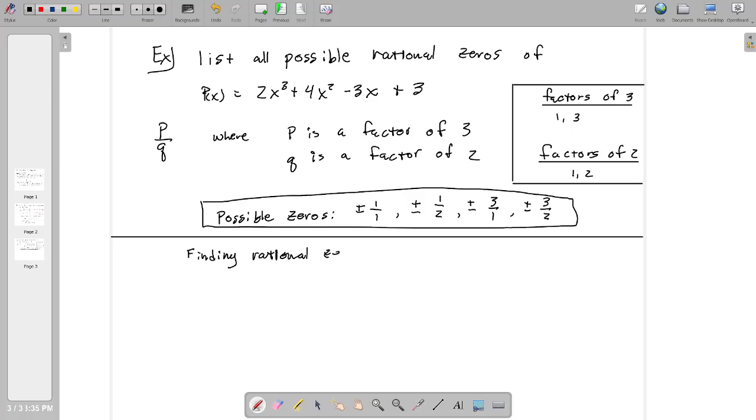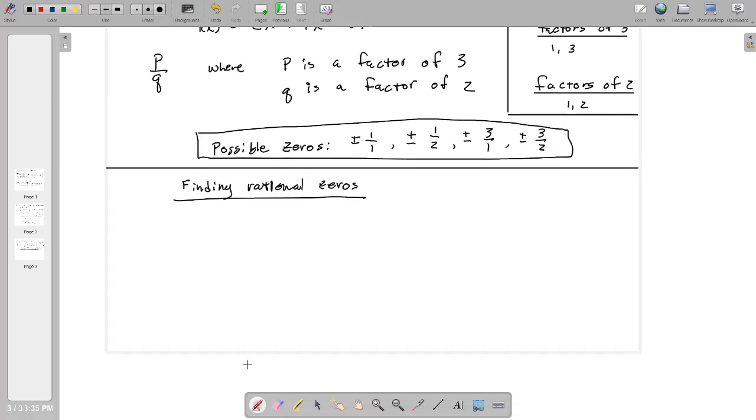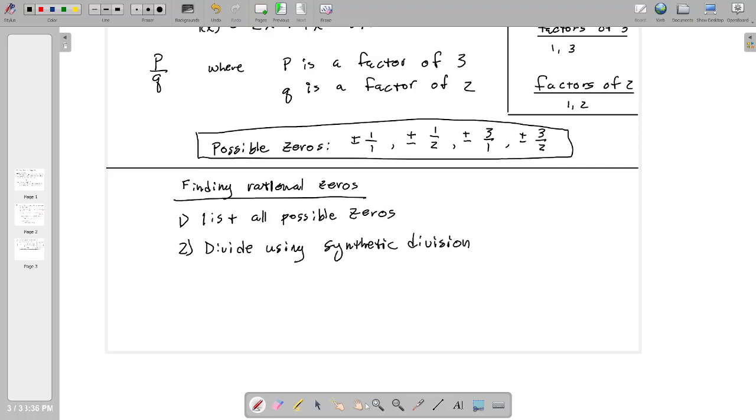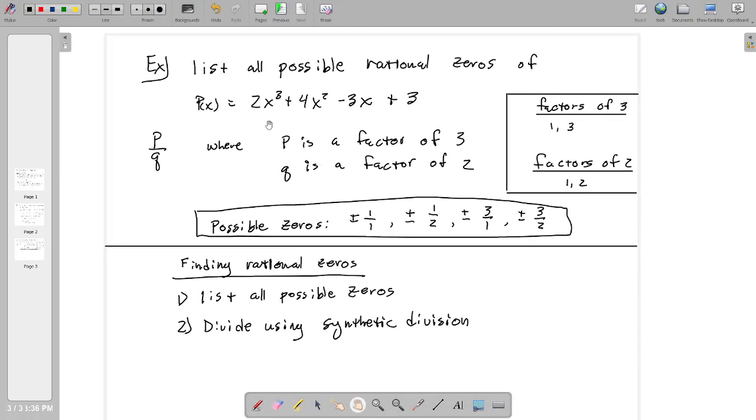So finding rational zeros, I'll give you a little bit of a step-by-step guideline here. 1, list all the possible zeros, like we did in the previous example. 2, divide using synthetic division. So if we're to factor this polynomial, we would take the rational zeros that we discovered and try them one by one by using synthetic division.